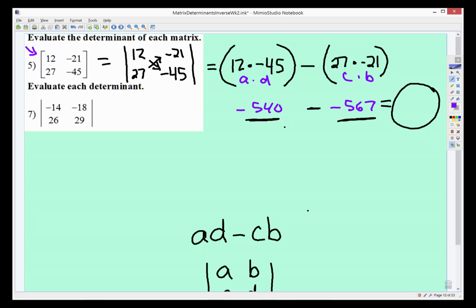Well, remember, subtract a negative is just like adding a positive. So when you add those two together, the result should be 27.